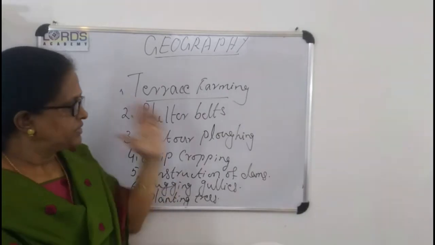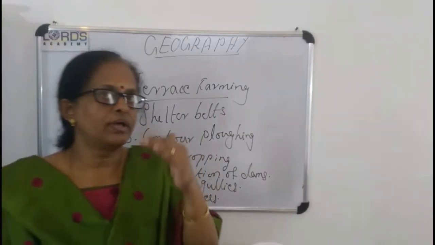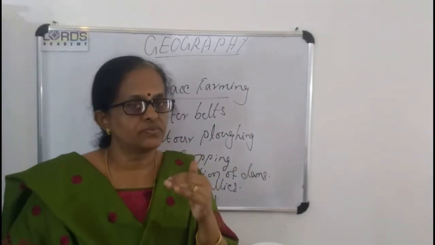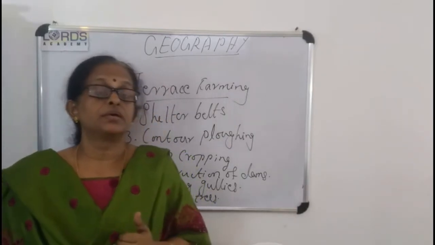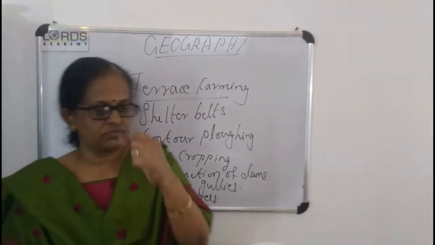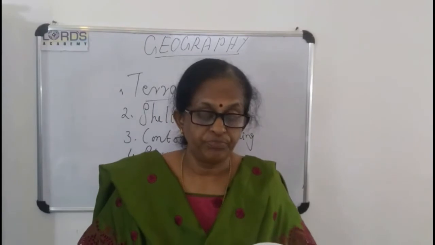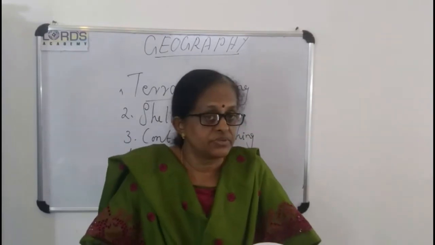Okay, prevention. Now I already informed you about the word soil conservation. Sometimes they ask, define the following words. Once they asked soil conservation. What do you mean by soil conservation?